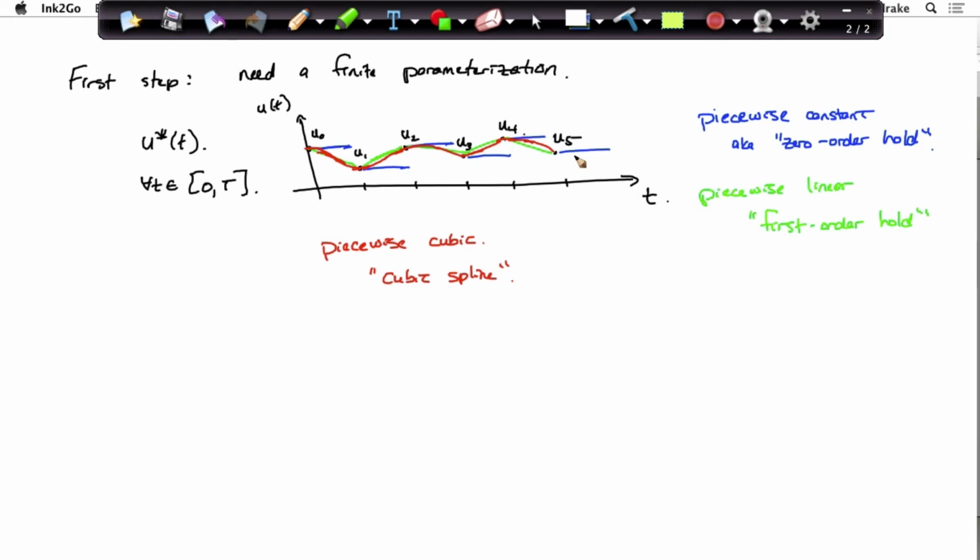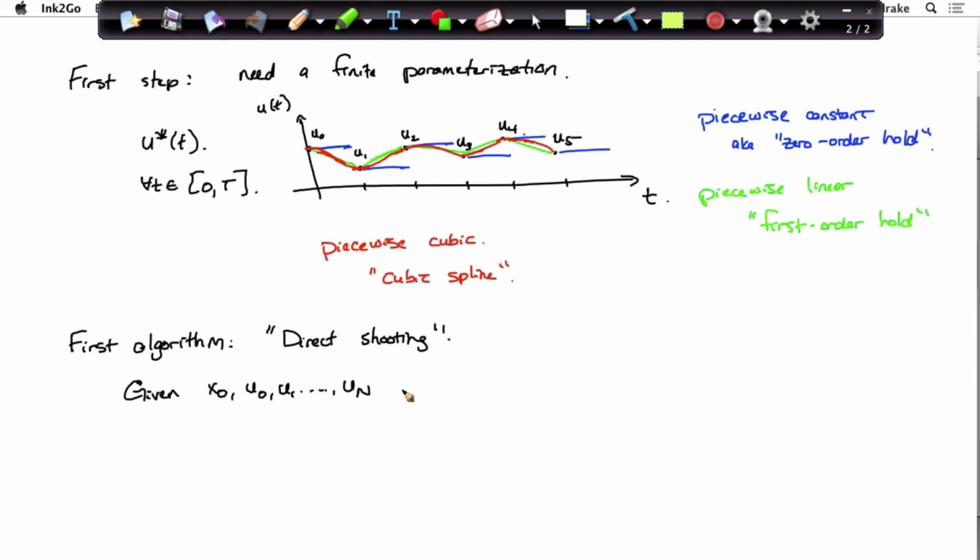So given this, let's give our first trajectory optimization algorithm, which is what we'll call direct shooting. So if you give me x0 and my finite parameterized u, say u0, u1 through un, then I can numerically simulate.